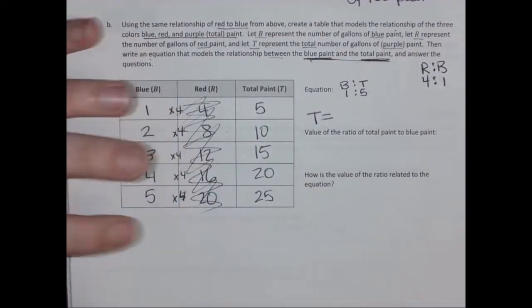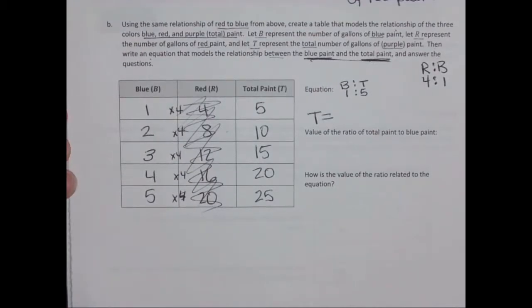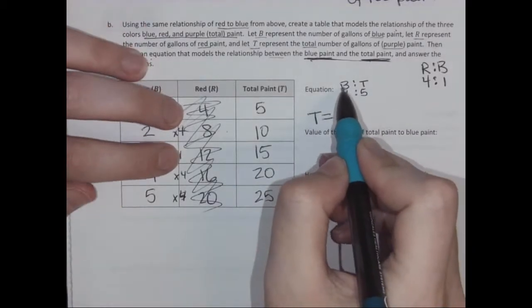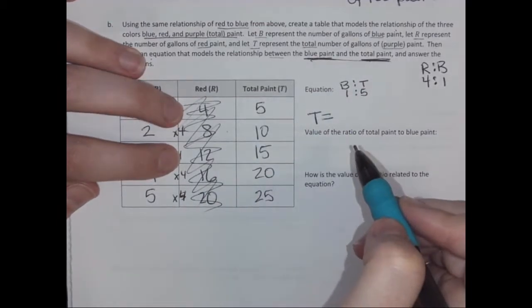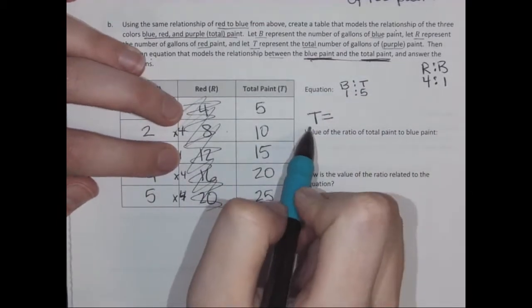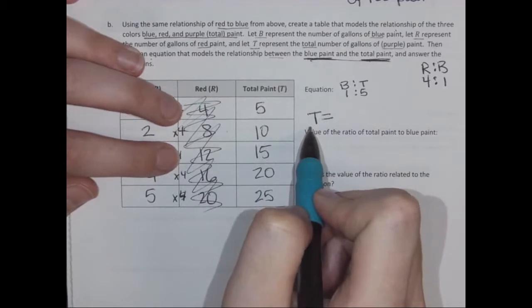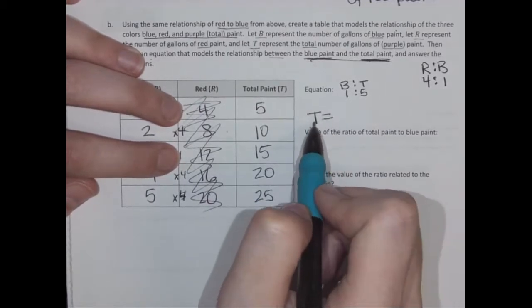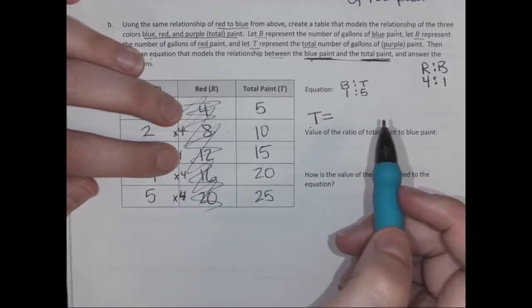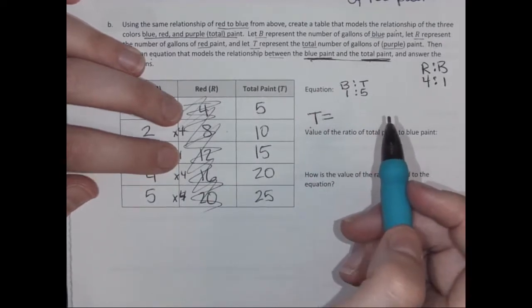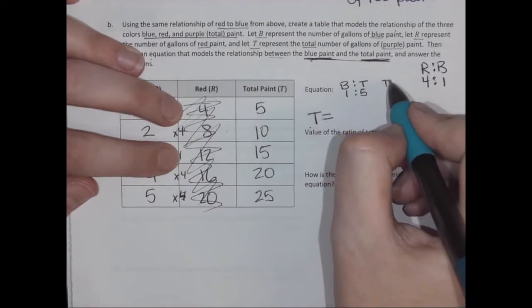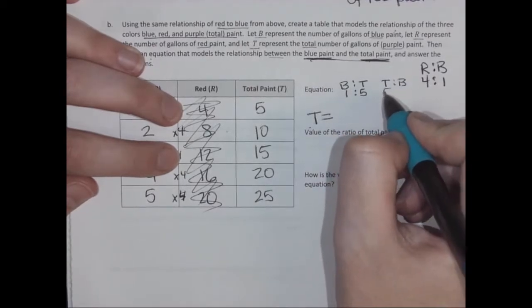So the total would equal... Well, here's what we did. Up here we wrote the ratio as blue to total, but in our equation, the order is the opposite. So, the total is 4. Where are you getting 4? If we wrote it the other way, total to blue, it would be 5 to 1, right?